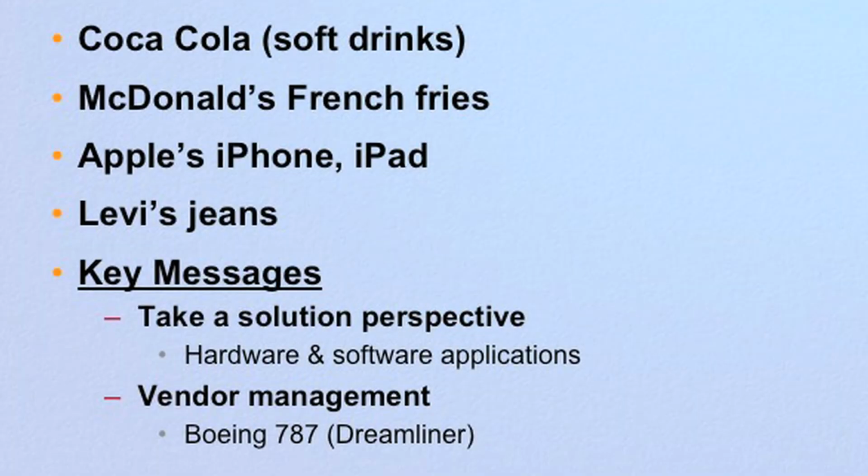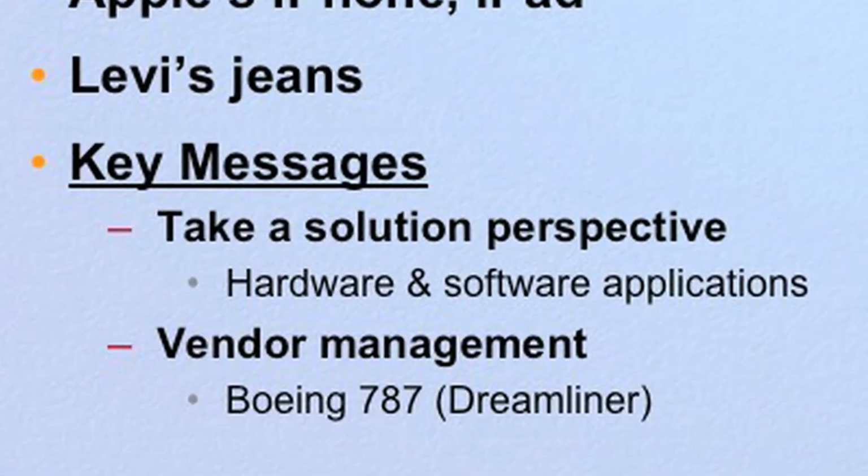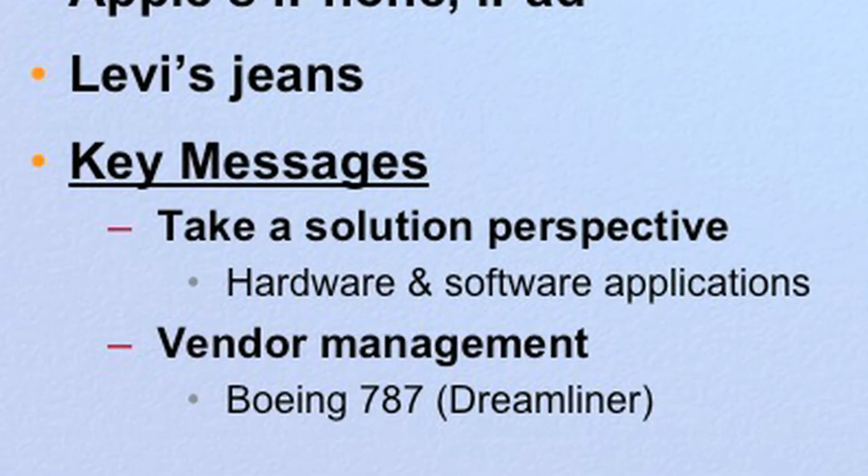So from all these examples of people who have learned how to create recipes, what are the key messages? The key message is to take a solution perspective. It is not a product perspective, but a solution perspective, which is a customer viewpoint of the right way of putting everything together.